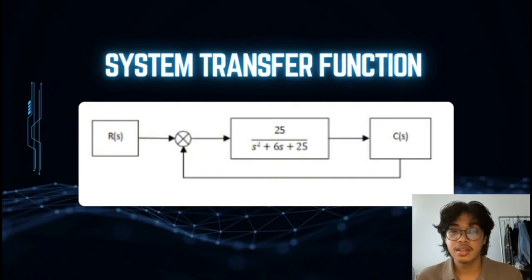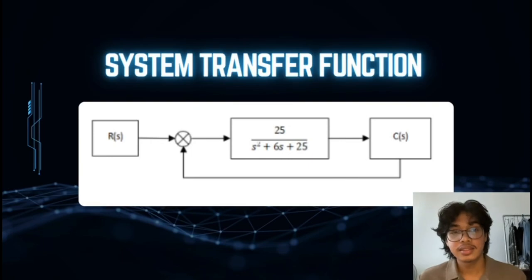From this equation, we can determine two important parameters. The first is the natural frequency, which is 5 radians per second. The second is the damping ratio, which is 0.6. Since the damping ratio is between 0 and 1, the system is classified as an underdamped system. An underdamped system responds quickly to changes but has a small overshoot before reaching a stable value.